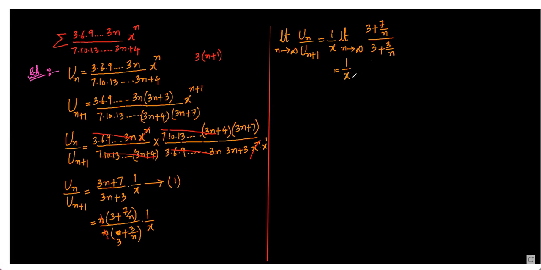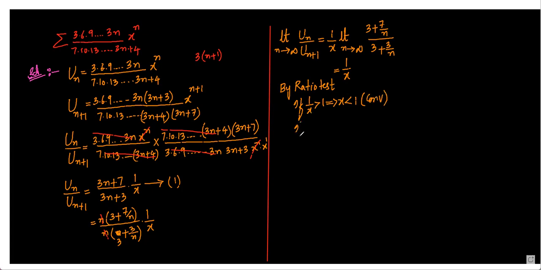So we can't say anything now. We should write the statement of what we have done till now, that is by ratio test only. By ratio test, if 1 by x is greater than 1, which implies in simplified form x less than 1, convergent.